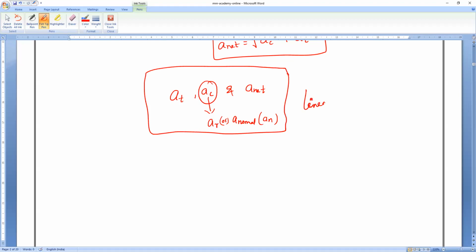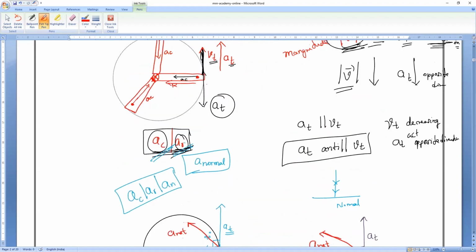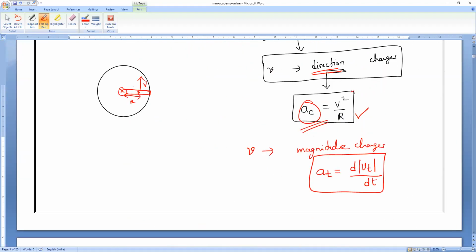They are all linear accelerations. The centripetal acceleration formula is v square by r, and the tangential acceleration formula is the derivative of the magnitude of velocity with respect to t, d mod v by dt.